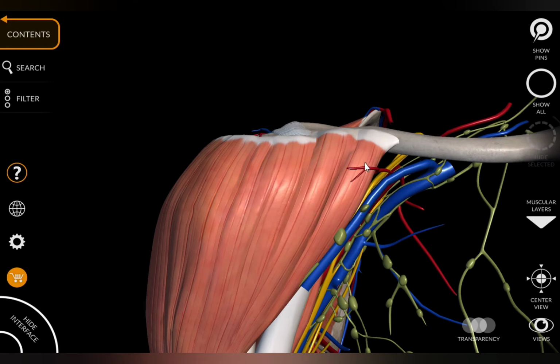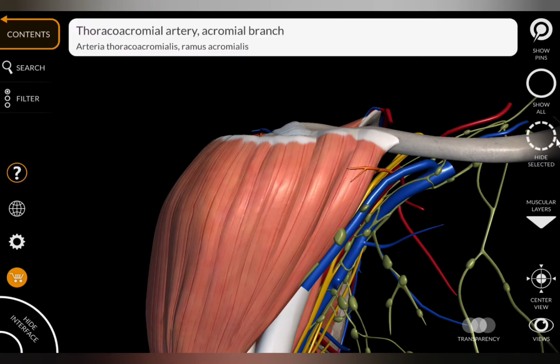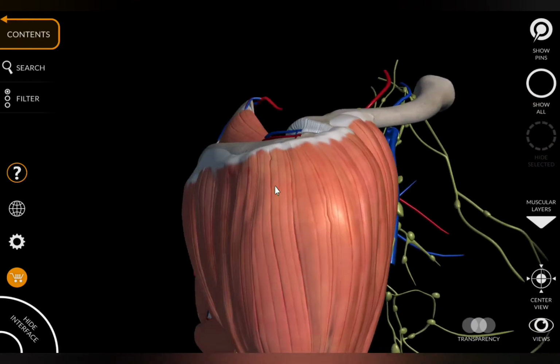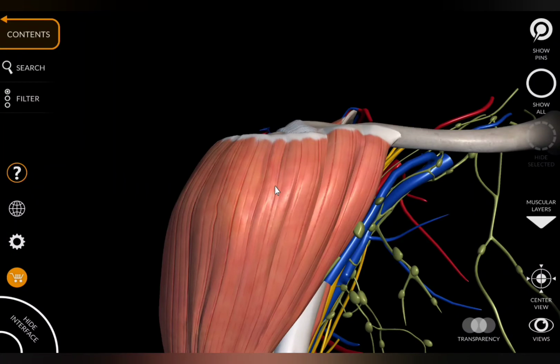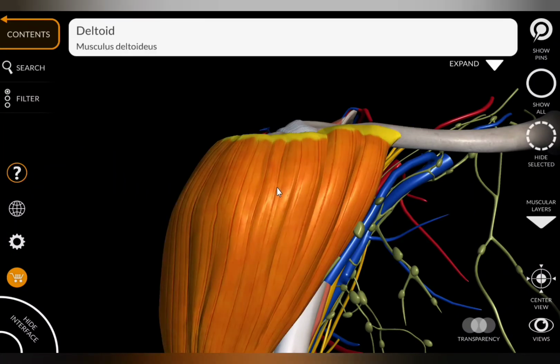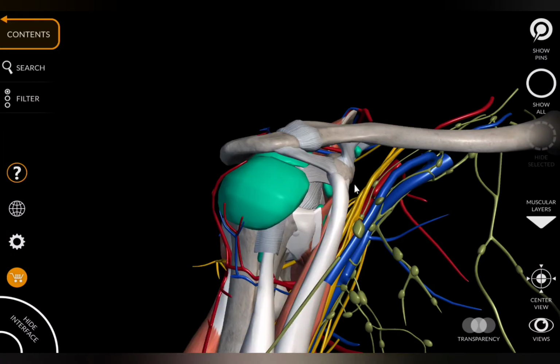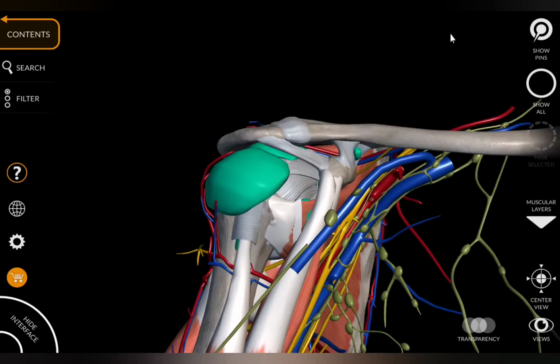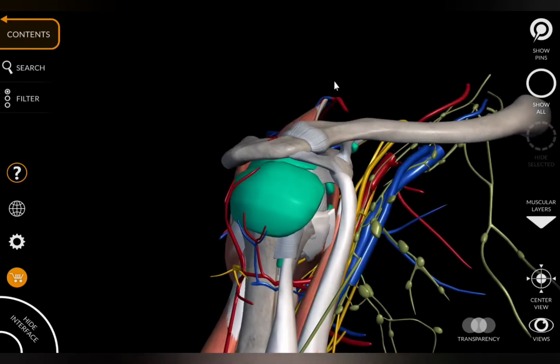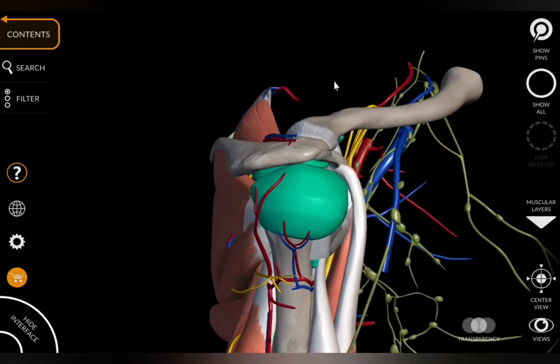I almost removed every structure above the deltoid muscle. Now I am going to remove the deltoid muscle to look at the structures under its cover. So you can now see the structures under the cover of the deltoid muscle.